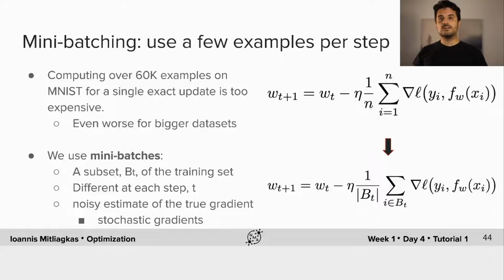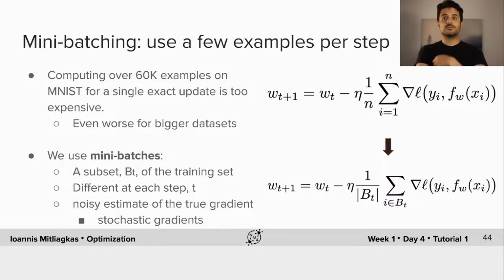Instead, we are averaging at the bottom over a smaller number of examples, a smaller number of gradients, right? So the set B_t is a subset of the training set, and it can have a size that's 10, that's 100, that's 1,000. We will discuss the size soon.